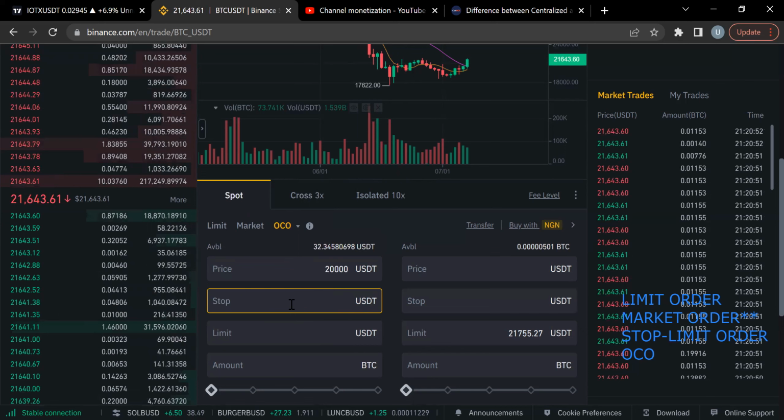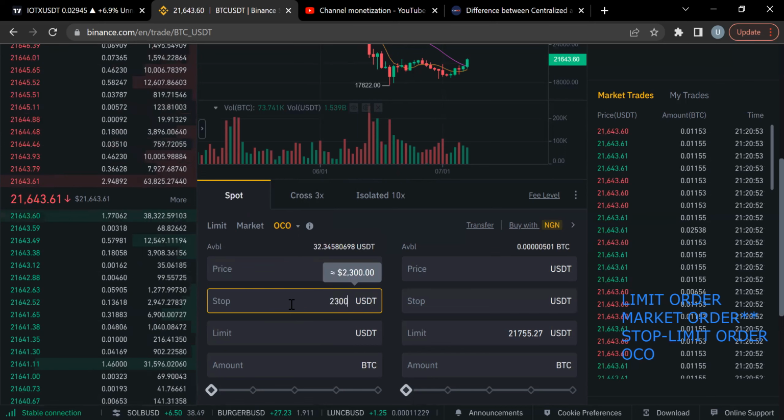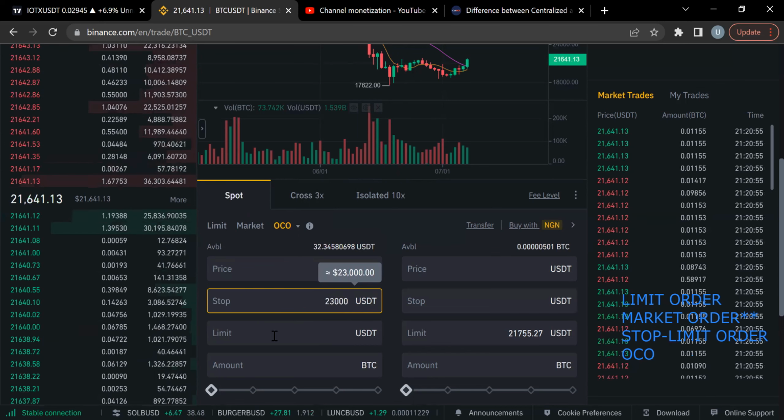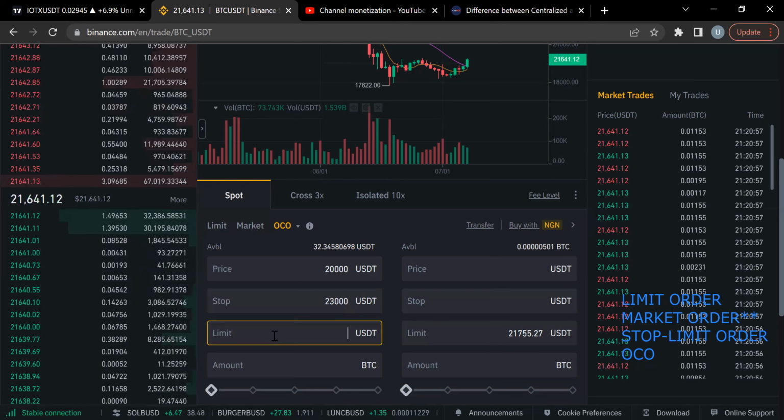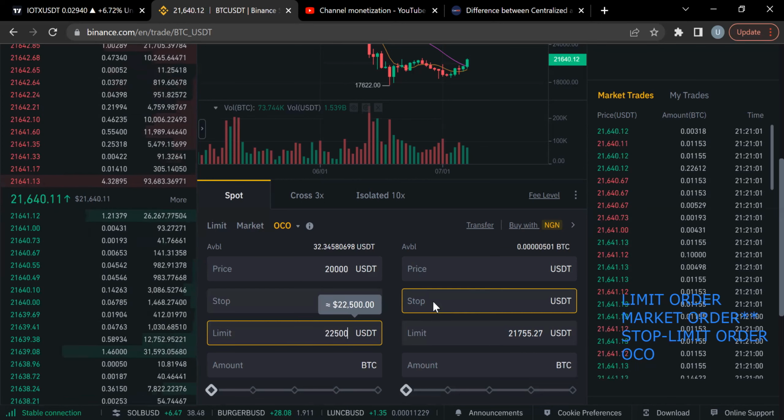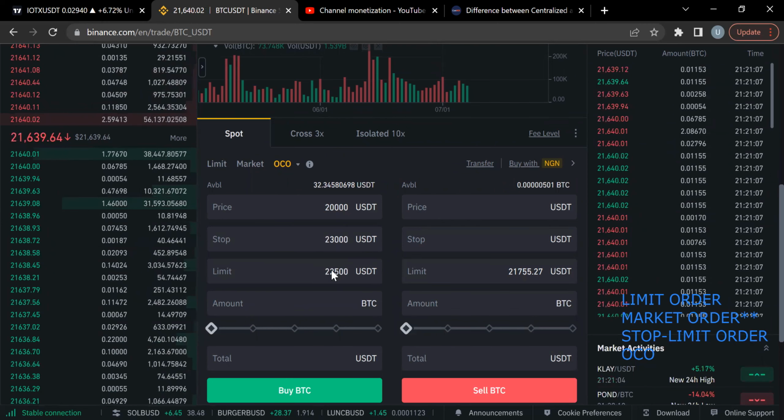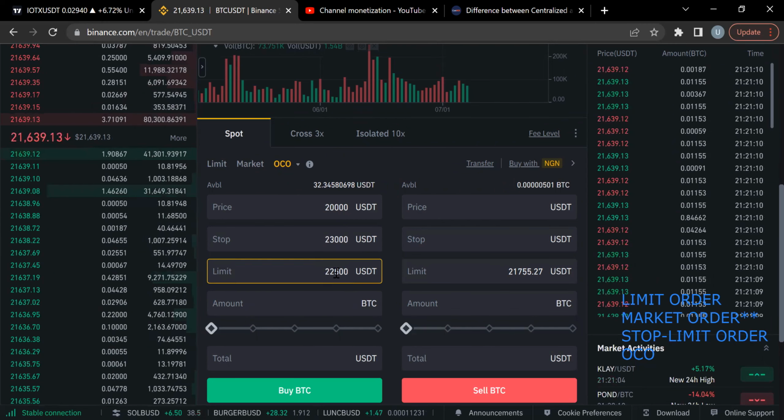So you can say, if price should rise to 23,000, then place a limit for me at 22,500, just like I explained for stop limits. And if I just want to buy directly at 23,000, I'll just put 23,000.